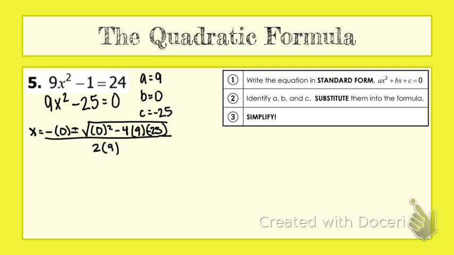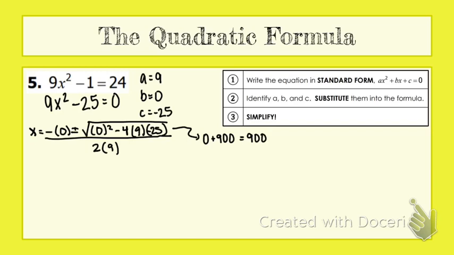And again, we're going to take the discriminant, that's what's under the radical, and simplify it first. 0 squared is 0, and negative 4 times 9 times negative 25 is positive 900. So we're adding 900 to 0, which is just 900.